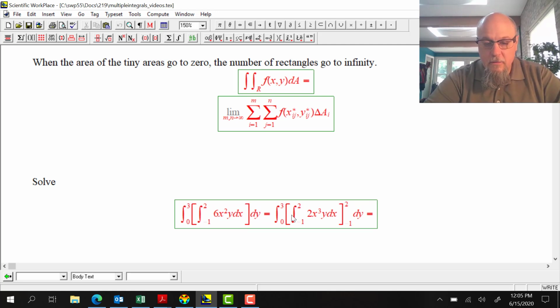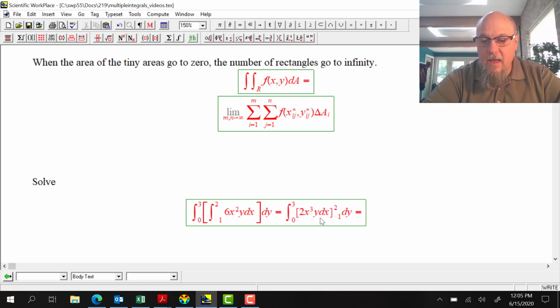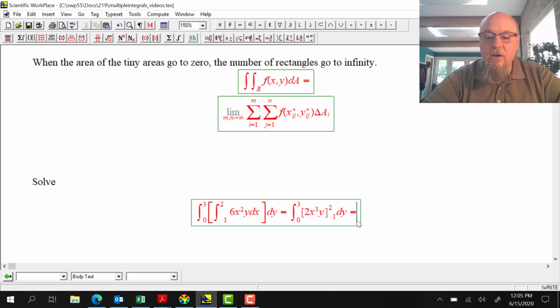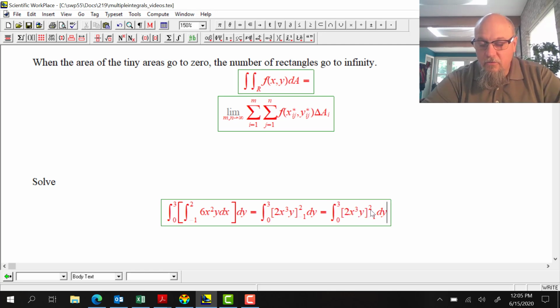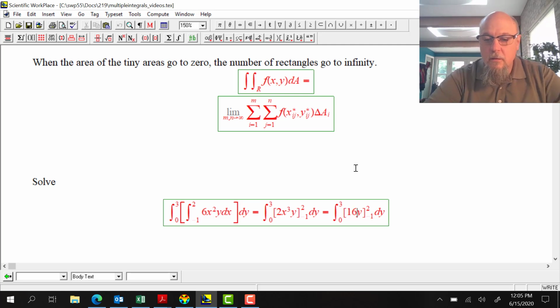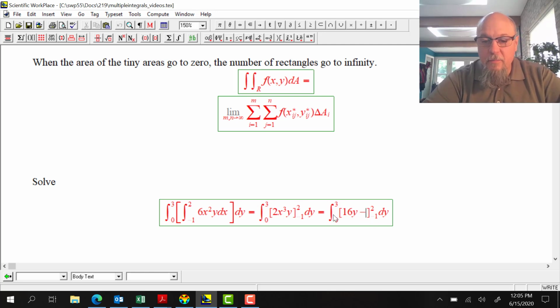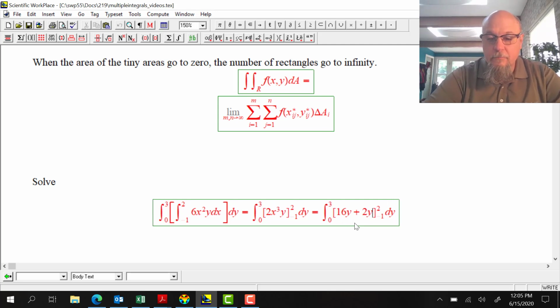So there we integrated with respect to x. Now let's sub in the top minus sub in the bottom. So when I sub into 4x, this becomes 16, minus, when I sub in a minus 1 for x, that's going to be a minus 2y, so minus a minus is a plus.